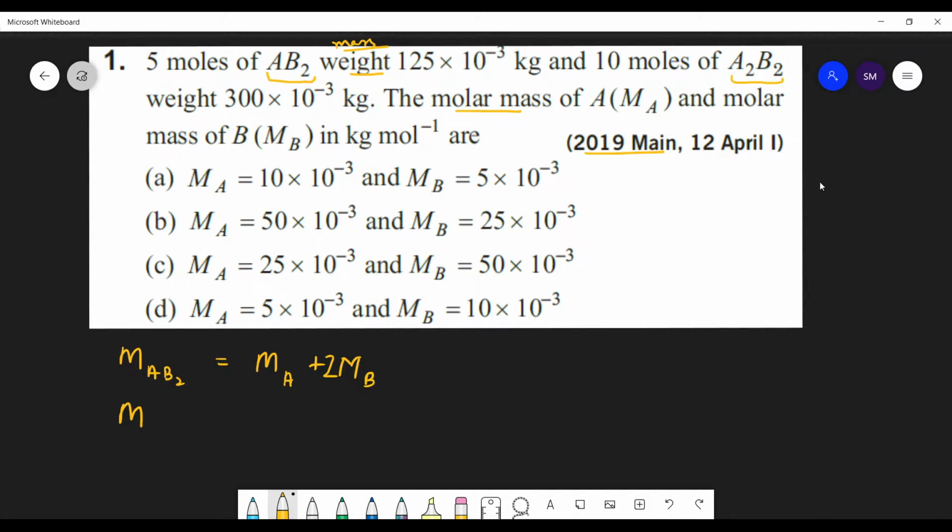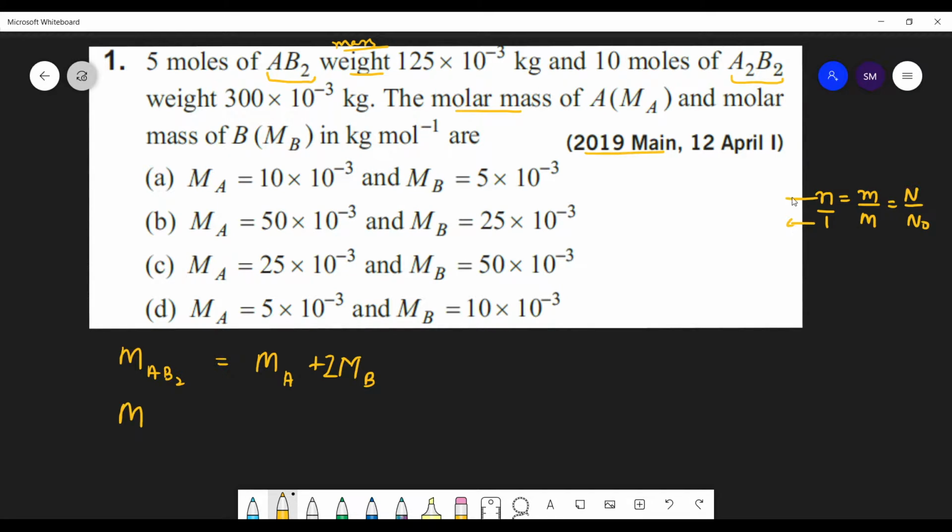Now students, what are the symbols that we use? We use small n equals small m upon capital M, and that is equals to N upon N naught. So this n is your number of moles, and this is upon 1.